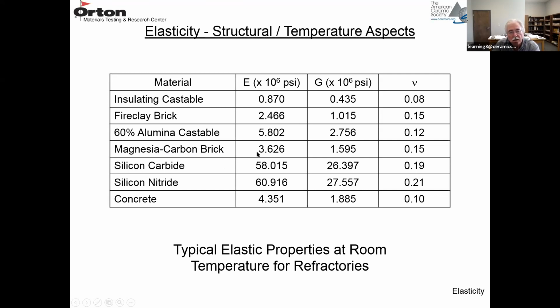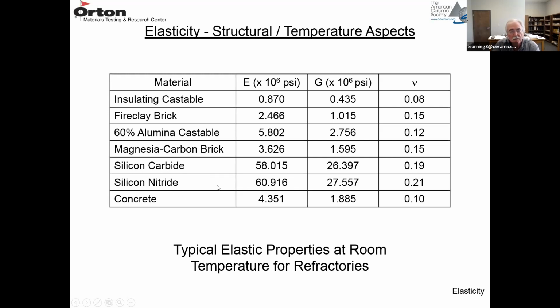It has a Young's modulus of about 3.6 million, a shear modulus of about 1.6 million, and a Poisson ratio of about 0.15. Silicon carbide, this would be a fired ceramic, has a very high elastic modulus, 58 million, shear modulus of 26 million, and a Poisson's ratio of about 0.19.